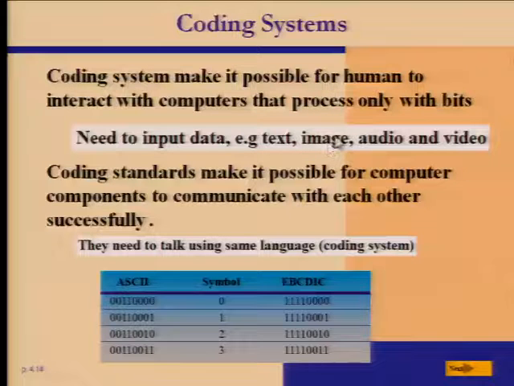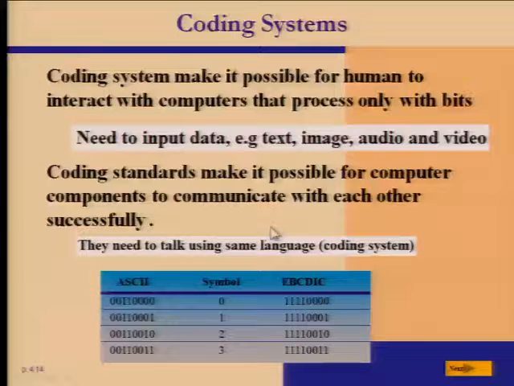All these will go into binary numbers. So for every byte, there are 8 bits that represent certain characters or a certain image or sound. And a coding standard also makes it possible for different kinds of computers and different devices to work together. Computing engines will be able to understand each other if they understand the same coding system.